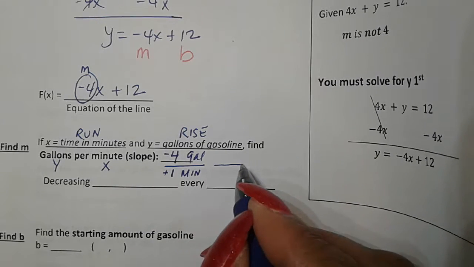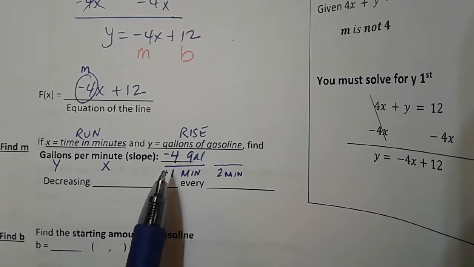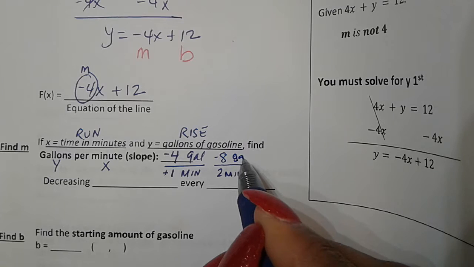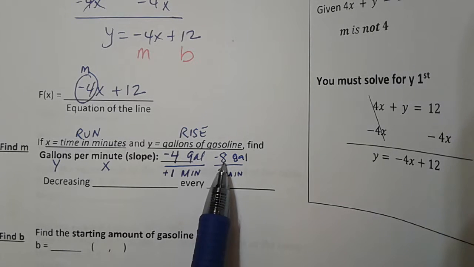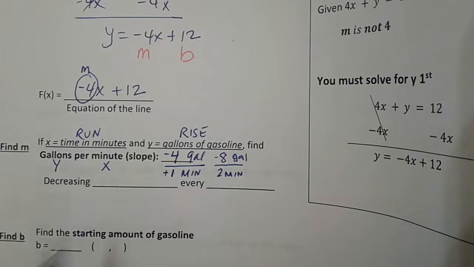That means when I get to 2 minutes, what is this going to be? When I go down 8 gallons, I'll be at 2 minutes. You see how it's increasing? But that one's decreasing. So make sure you only assign the negative to the top number, not the top and the bottom.